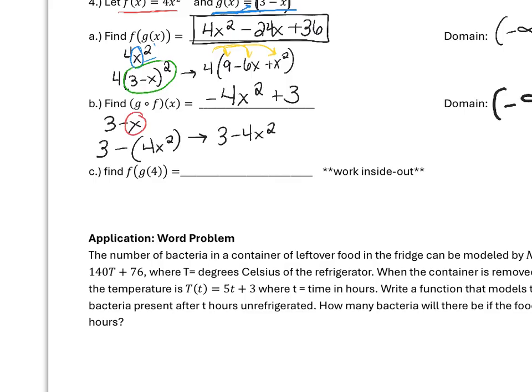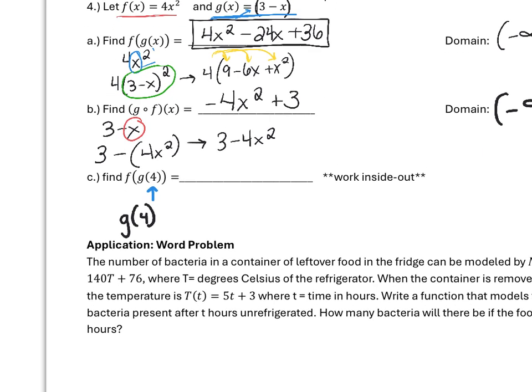Then it asks us to find f of g of 4. So we are going to work from the inside out. First, we're going to find g of 4. So we go back to our original g of x, which is 3 minus x, and we plug in a 4. So 3 minus 4 equals negative 1.